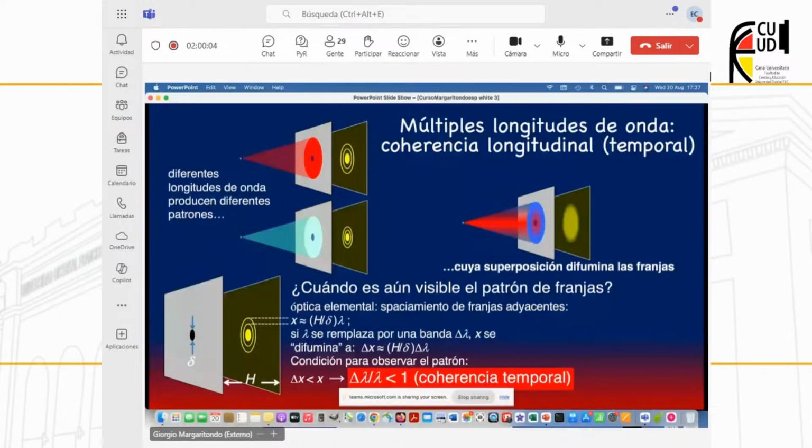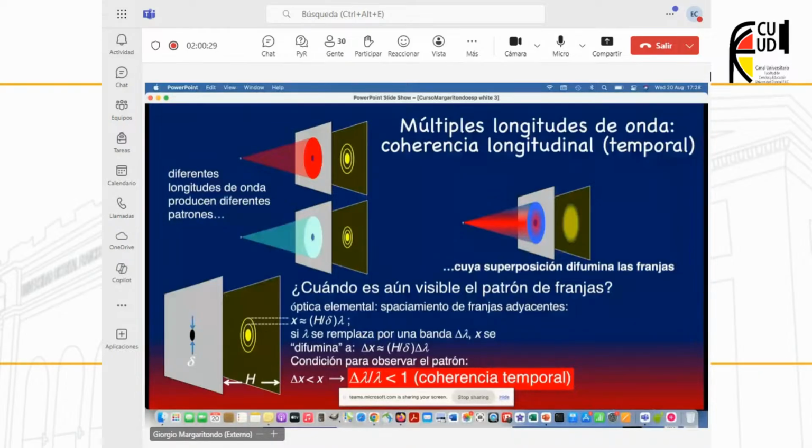And you can see that it is a very simple formula. Now, if instead of having one wavelength, we have a band of wavelengths, this condition, that is the X parameter, is going to be broadened. And you can see here that very simply it is given by the same formula as before, but instead of having lambda, you have delta lambda.